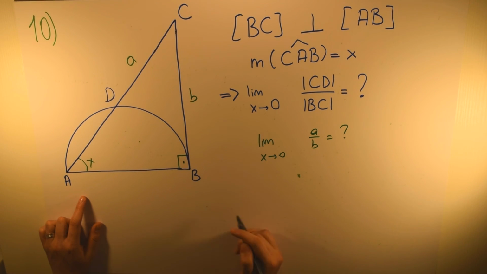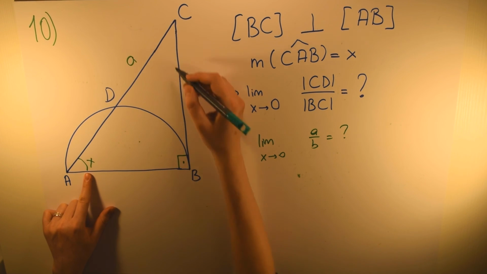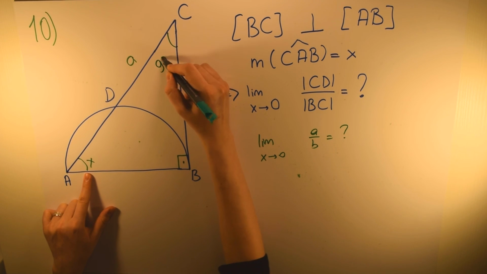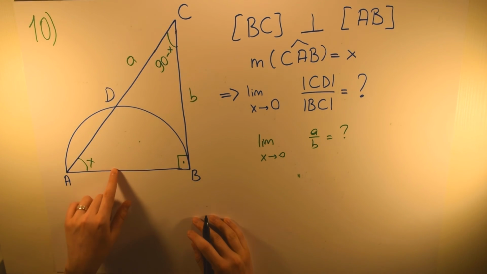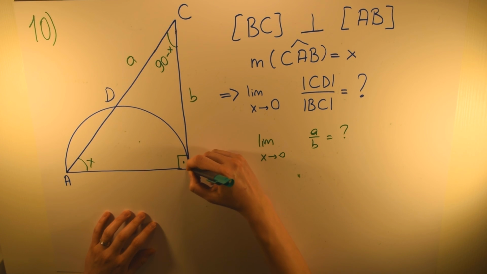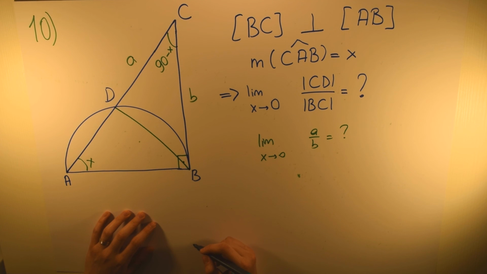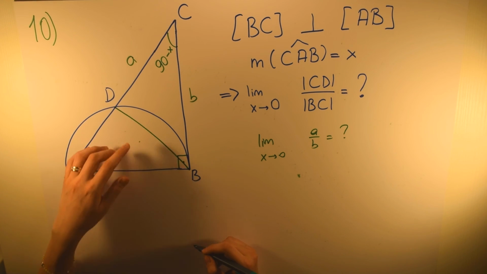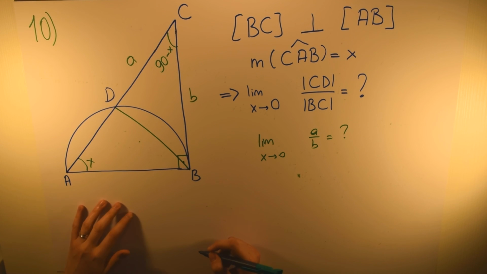Okay, so I know that here's 90 degrees, here we have x, and here will be 90 minus x, right? Okay. So from here, I cannot get anything. So let's draw this line to here. Why? Because I know that inscribed angles subtended by a diameter are right angles, right?